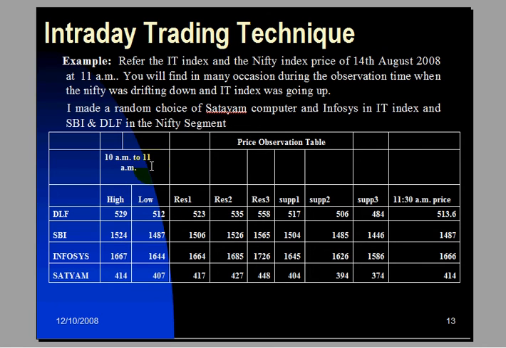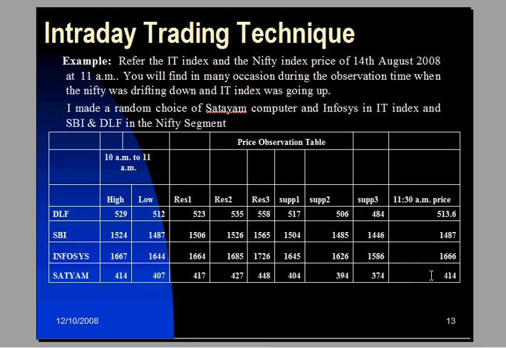For the 10 to 11 AM period, I recorded the high and low for all four stocks, and we have a Gann calculator available on our website, www.smartfinanceeducation.com. Using that calculator, I found the resistance points and support points, three resistance points and three support points. And I recorded the 11:30 price of all four stocks, DLF, SBI, Infosys and Satyam.